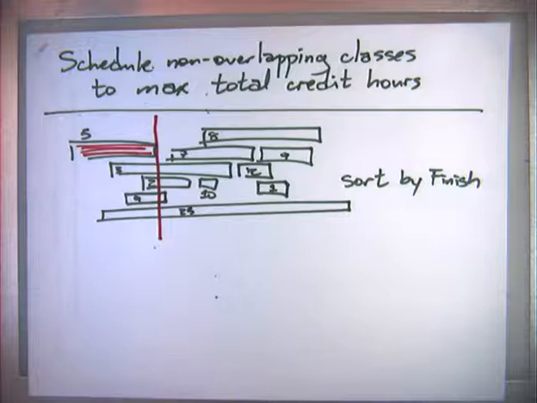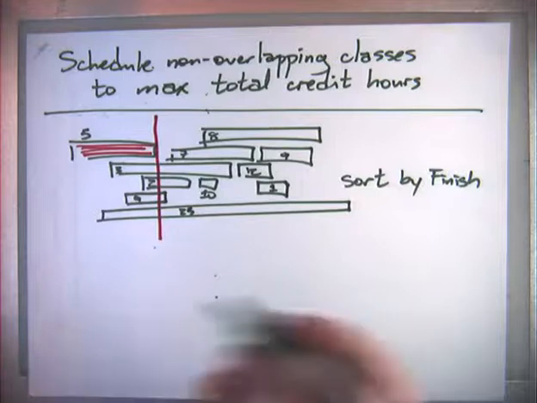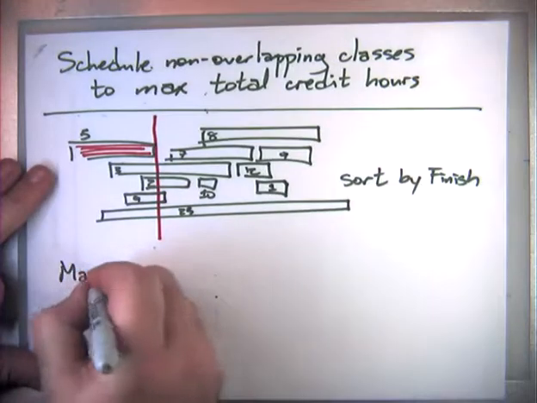Okay, so now when I'm recursing, I'm actually carrying around two pieces of information. One, when was the last class I signed up for? When does that end? And two, how many classes do I have left to think about? So I'm going to end up with a two-parameter recurrence. Okay? So let me show you one way that I could define that recurrence.